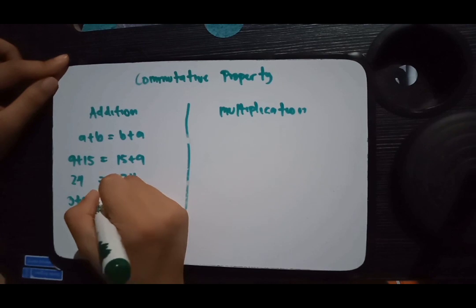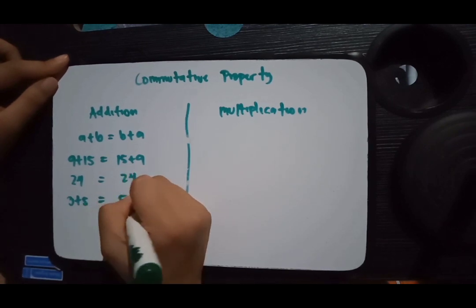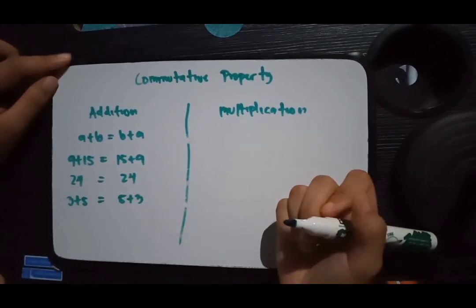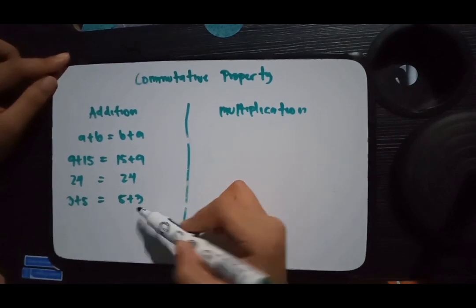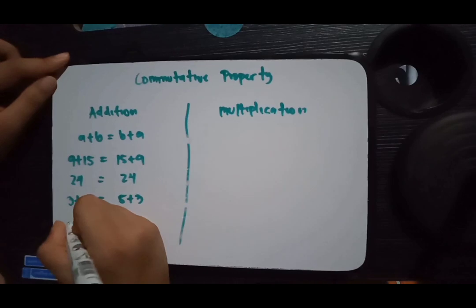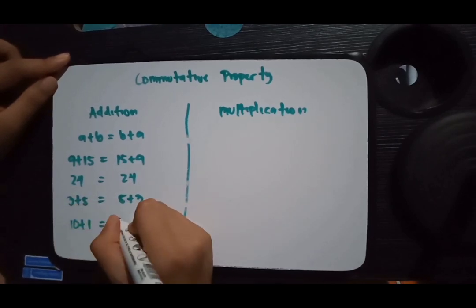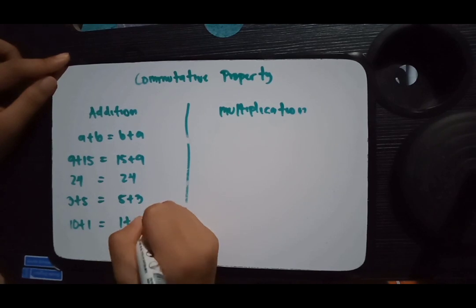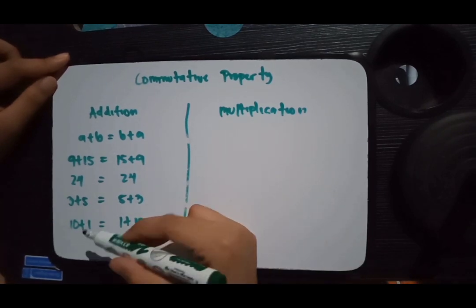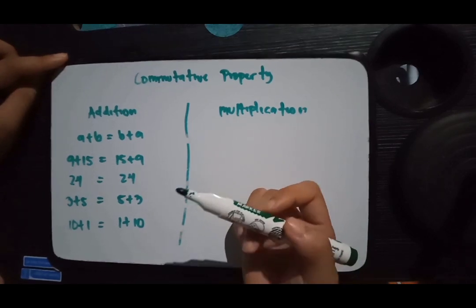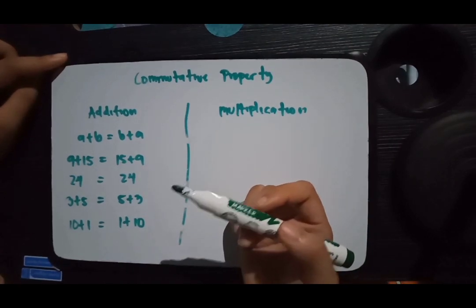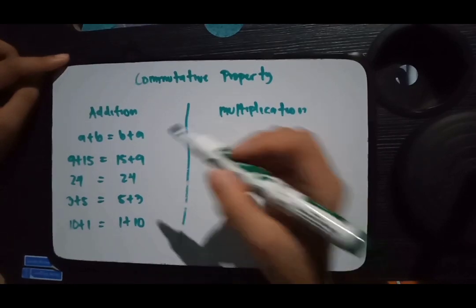Another example, 3 plus 5 is equal to 5 plus 3. 3 plus 5 is 8. 5 plus 3 is also equal to 8. Another example is 10 plus 1 is equal to 1 plus 10. So, the order of the addends does not affect the sum.